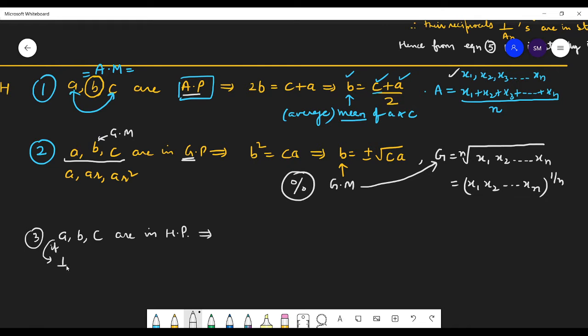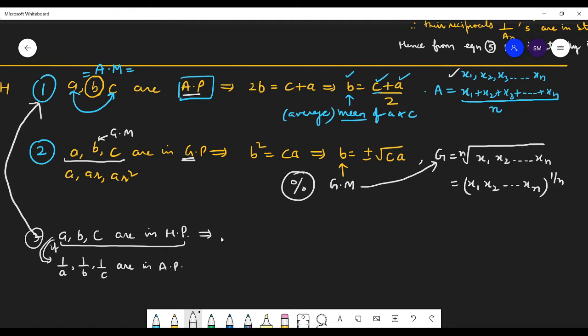It means that 1 by A, 1 by B and 1 by C are in AP. So whenever you get that A, B, C are in HP, change them to 1 by A, 1 by B, 1 by C in AP, and you know the formulas of AP now.